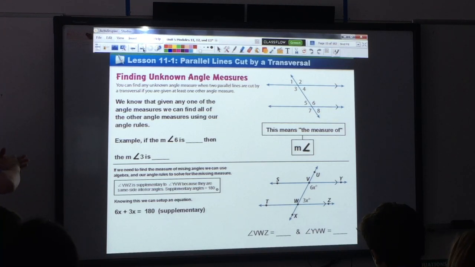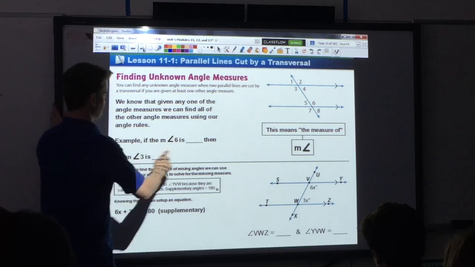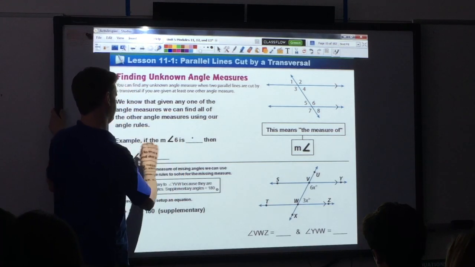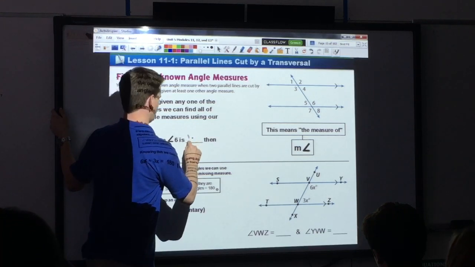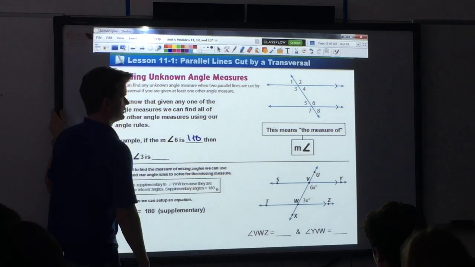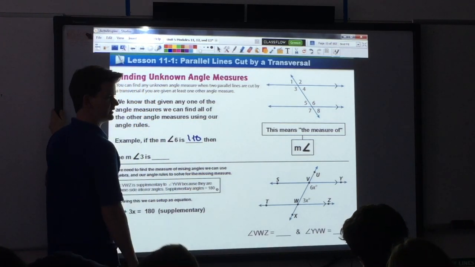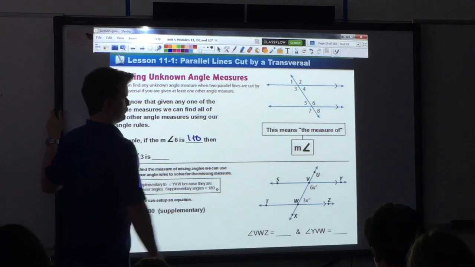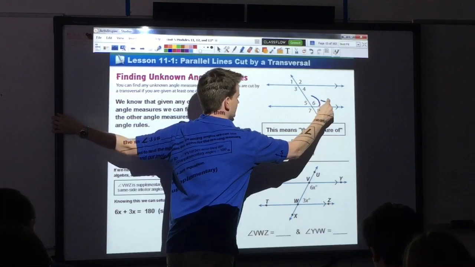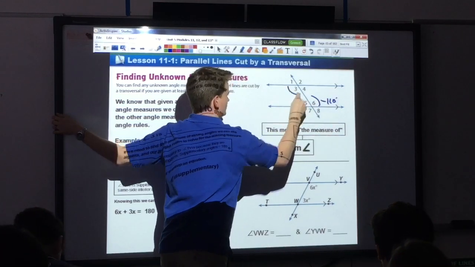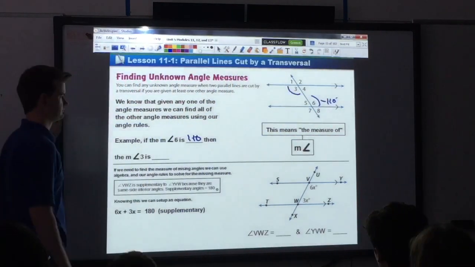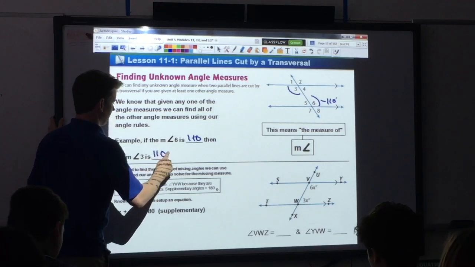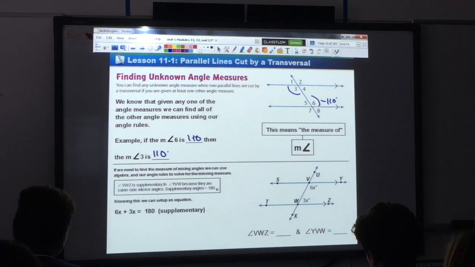Now, we know that given any of the angle measures, we can find all of the other angle measures. For example, if the measure of angle 6 is 110 degrees, then what is the measure of angle 3? Shimon, what's the measure of angle 3? 110. Good job. Because they are alternate interior angles.